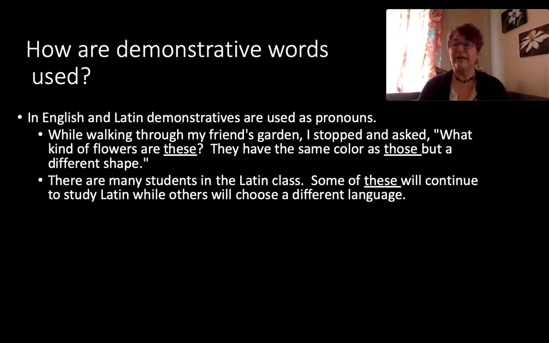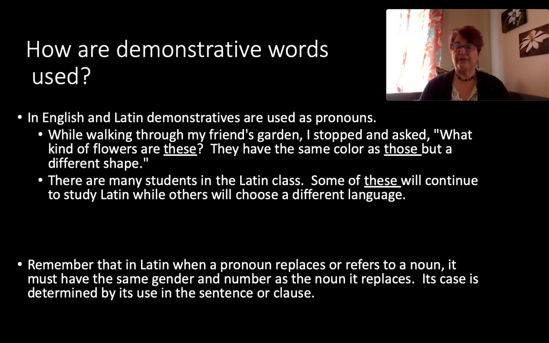I simply find no need to say the word flowers again, but I can refer to them by using the word these. And the same is true as we move forward and look at the word those. In the second example, in the first sentence, I am talking about many students, and I refer to those students simply by using the pronoun those in the next sentence.